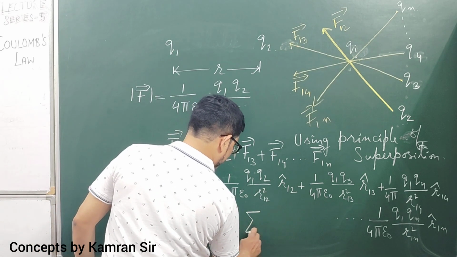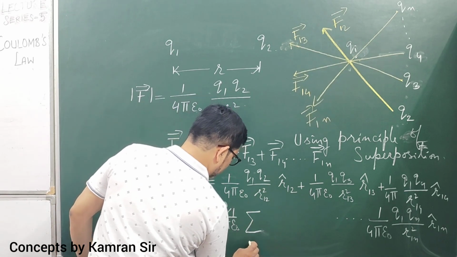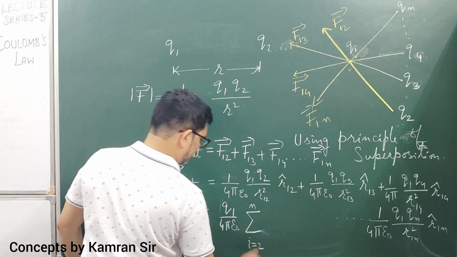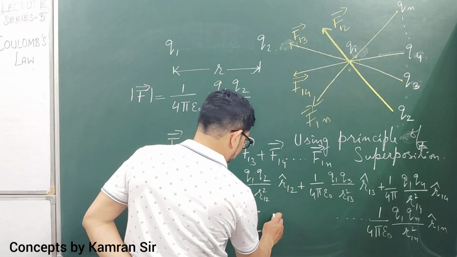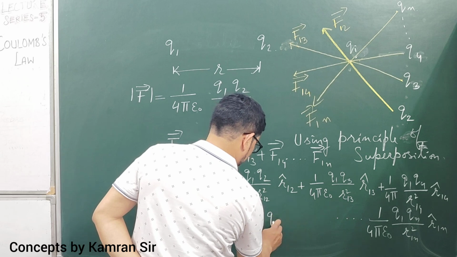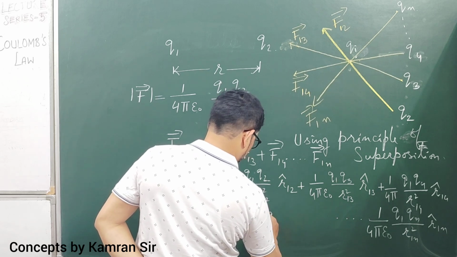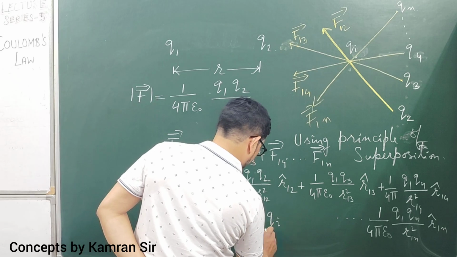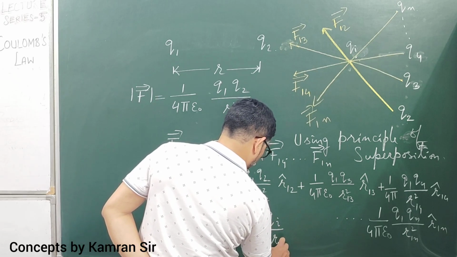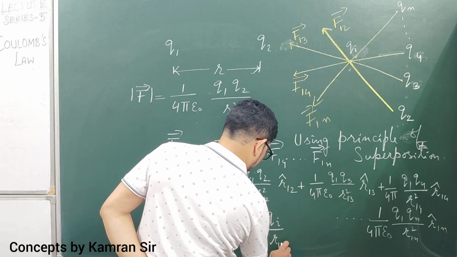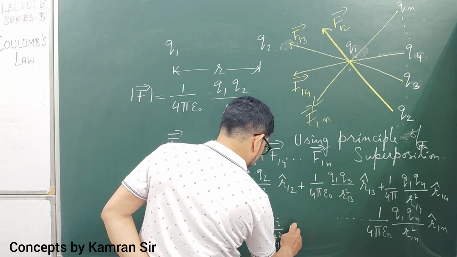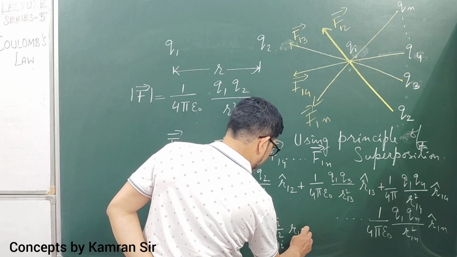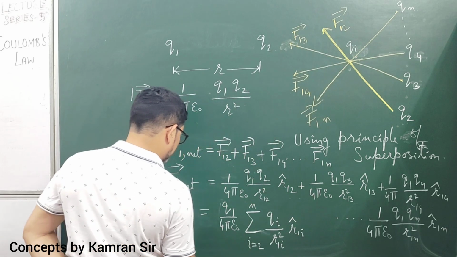We can represent the rest in terms of a summation, where i varies from 2 to n: Q_i over R1i squared, times the unit vector R1i hat.